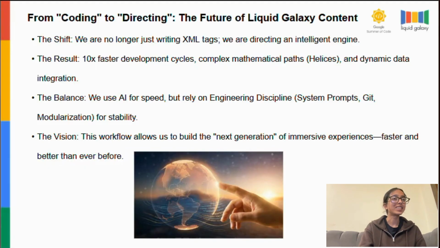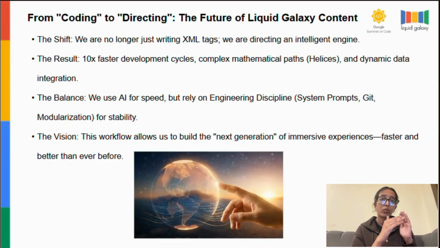Okay, from coding to directing. This workflow fundamentally changes how we think about building Liquid Galaxy content. We're no longer just writing XML tags line by line. We are directing an intelligent system that gives us speed: faster development cycles, complex paths, dynamic data.